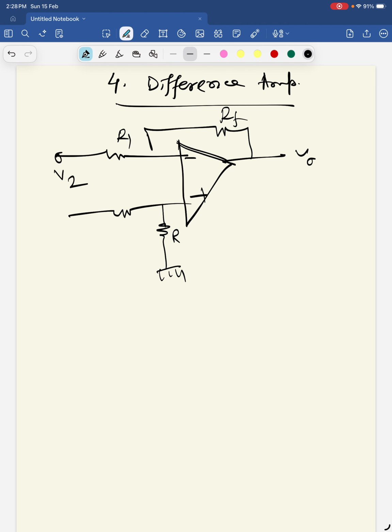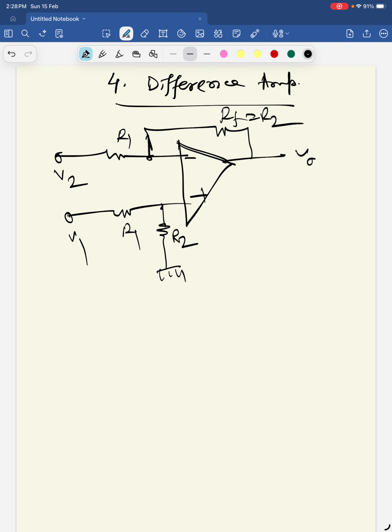This is R2. This is R1. This voltage is V1. For simplicity, we are considering this RF also as R2.